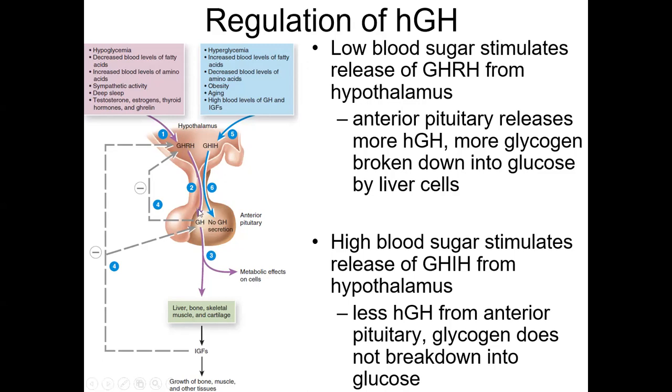So hypoglycemia, too low blood sugar or low nutrient level is going to be monitored by the hypothalamus. The hypothalamus in response will release this GHRH hormone. This is a growth hormone releasing hormone. This purple arrow points to the anterior pituitary, and the anterior pituitary complies with the release the hormone instruction, and growth hormone will be released. Once growth hormone is in the body, insulin-like growth factors will be acting on the tissues.